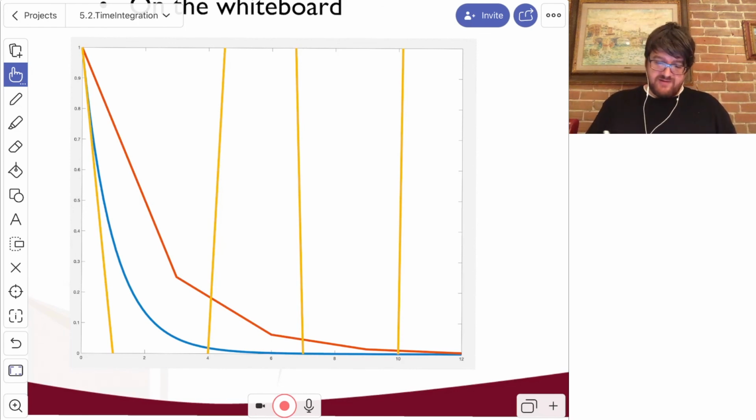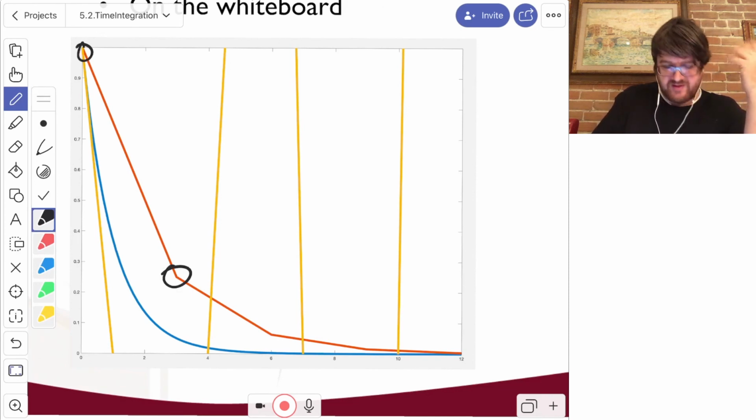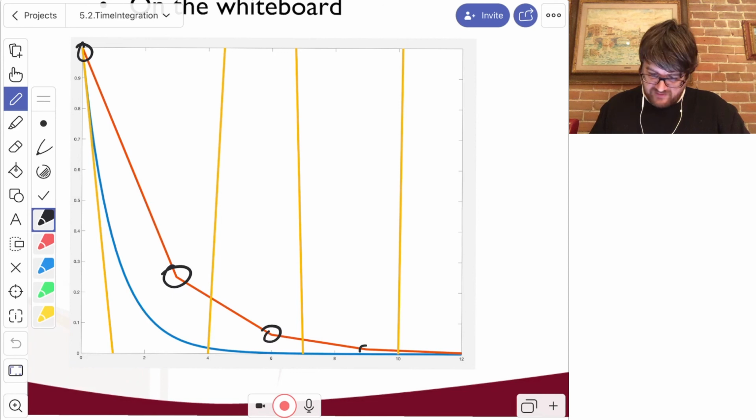So blue is the actual function y. In this case, we assume we know it. And then red is the implicit Euler. So we started at 0, and then using the implicit integration technique, we computed these points.